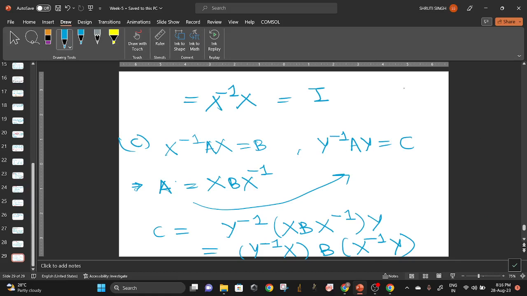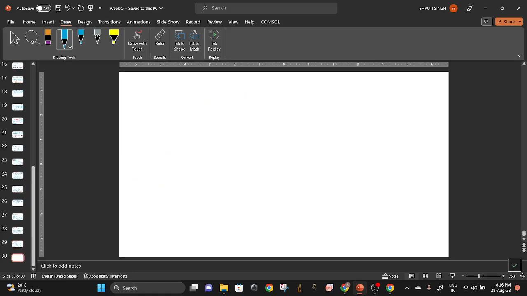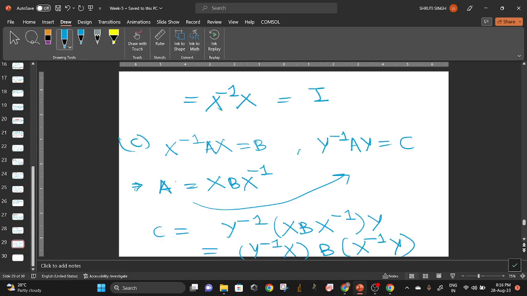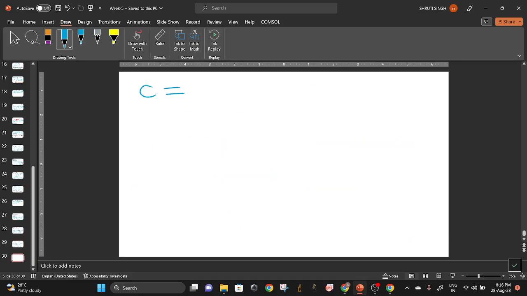Inverse, suppose C is equal to y inverse x, B, x inverse y.